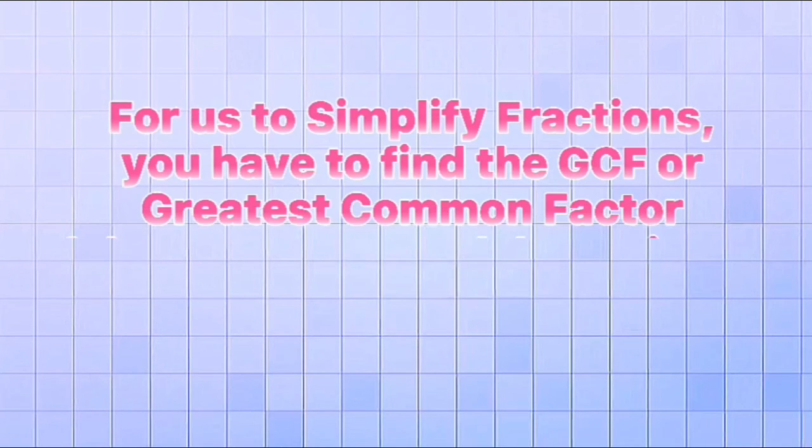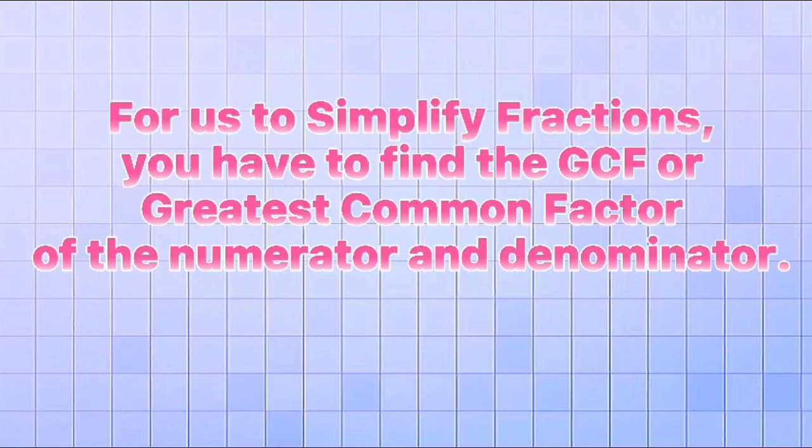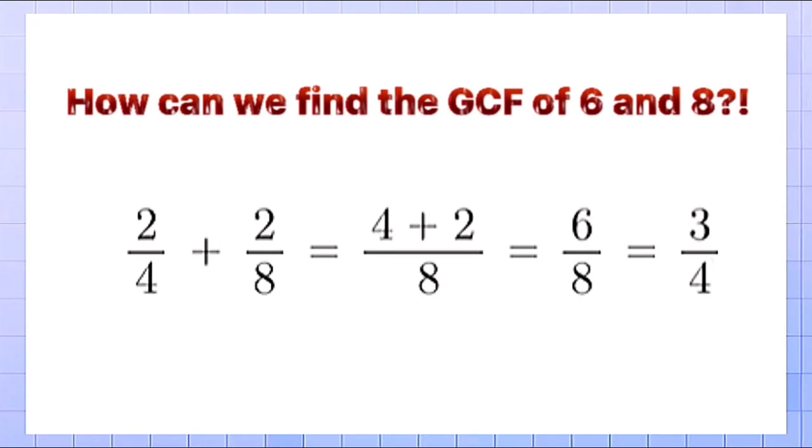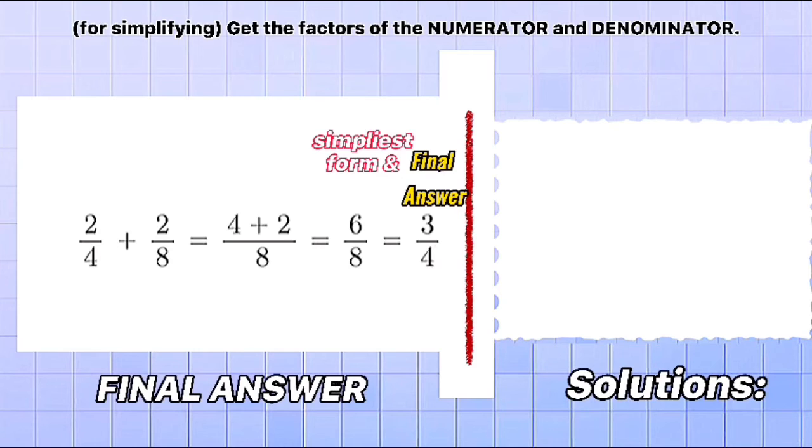But how? For us to simplify fractions, you have to find the GCF, or greatest common factor, of the numerator and denominator. But how can we find the GCF of 6 and 8? Simply get the factors of the numerator 6 and denominator 8.